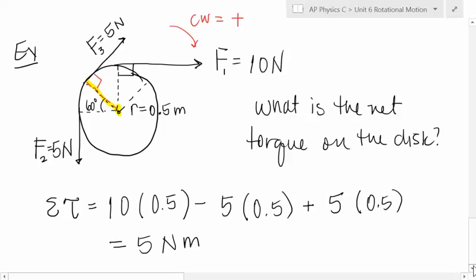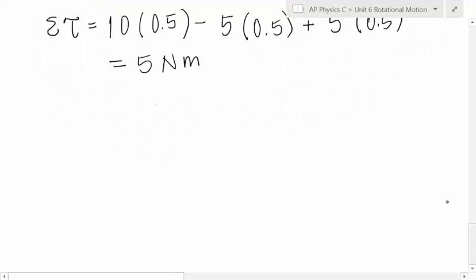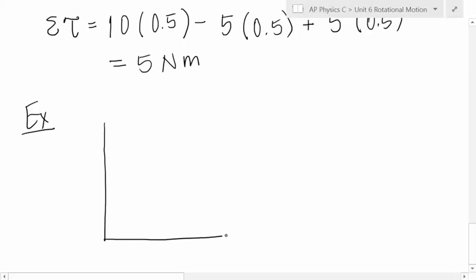All right, let's do another one with this whole torque business. So here's another example. This time I've got a wall, and my wall is frictionless, and I have a floor, and my floor is where my ladder sits, and I don't want my ladder to slip.